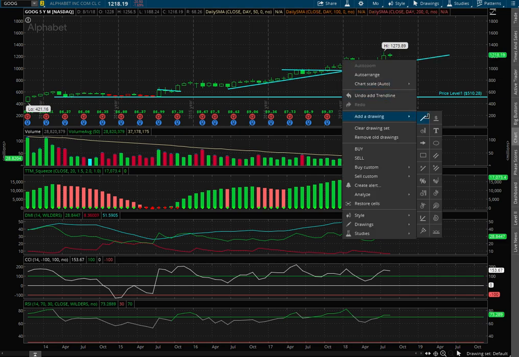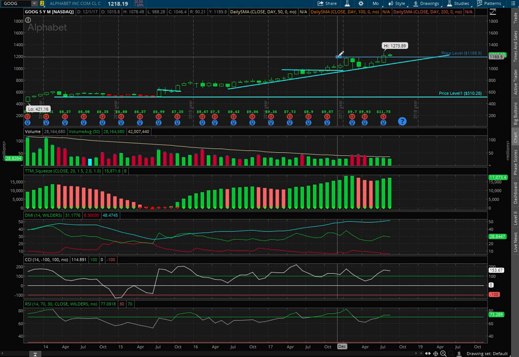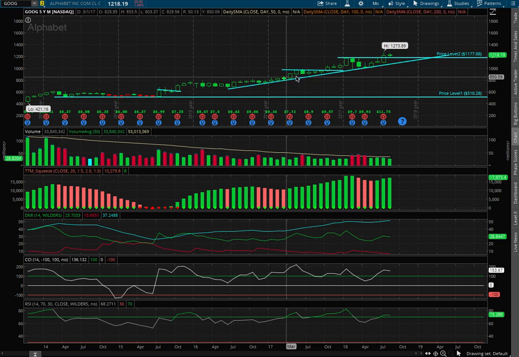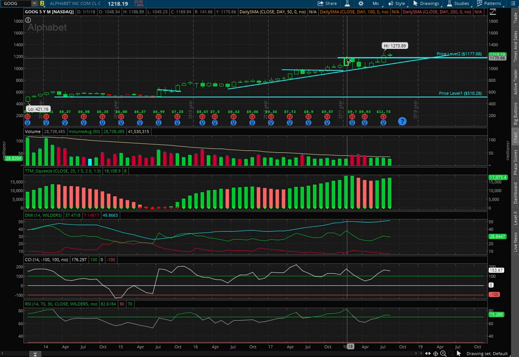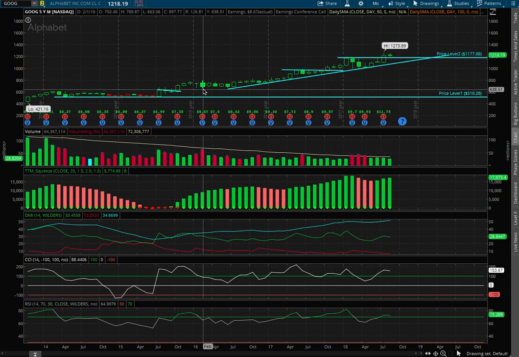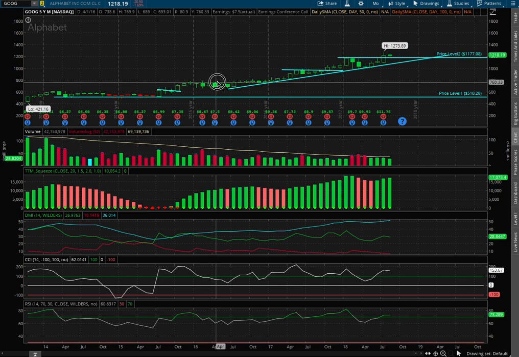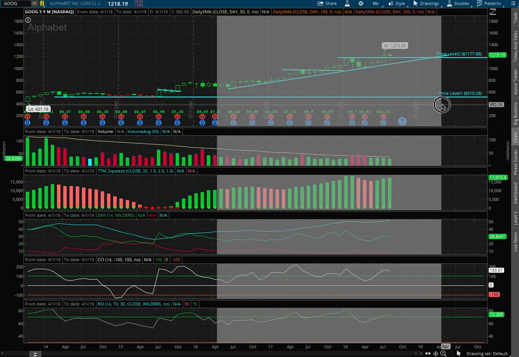I have resistance here. So this trend broke out, and now this trend is breaking out and it's holding that. And this is a monthly chart. Okay. So let's check it out.